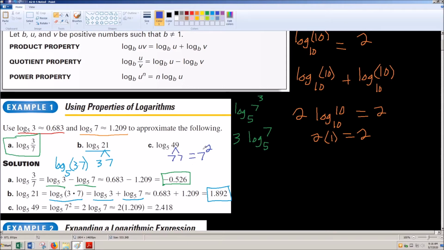So we're going to say this is 7 squared. If I have an exponent inside, this thing is going to turn into 7 squared like this. And now I'm going to say, okay, well, let's take this 2 and bring it out in front. That's my power property for logarithms. So 2 out in front, now I have log base 5 of 7. Log base 5 of 7 was that 1.209, and so now it's just 2 times that to get my final answer here.